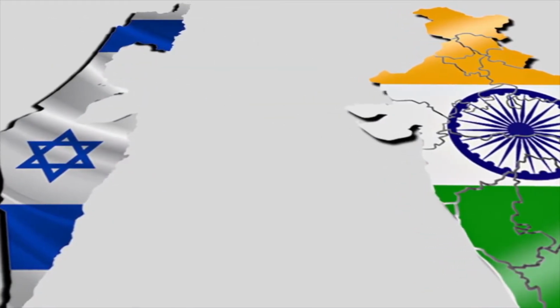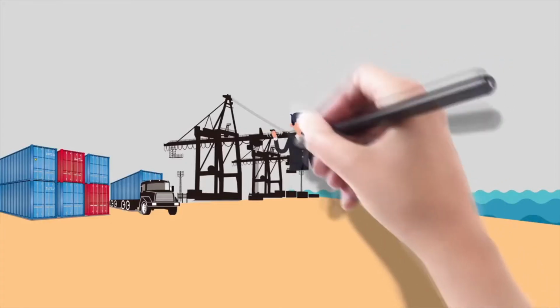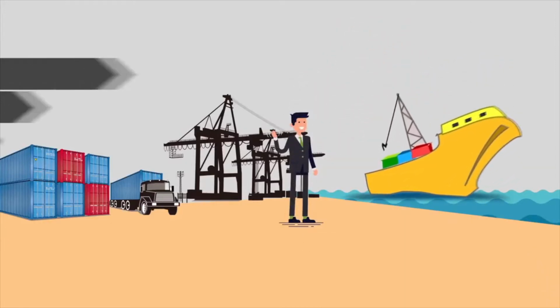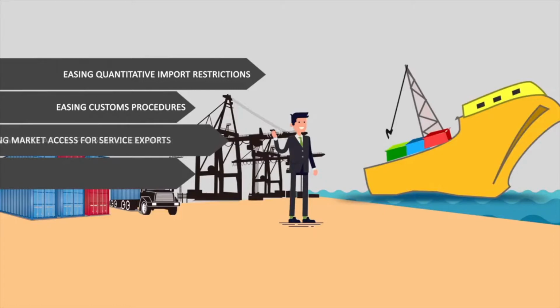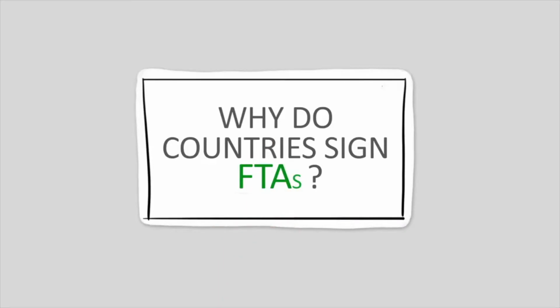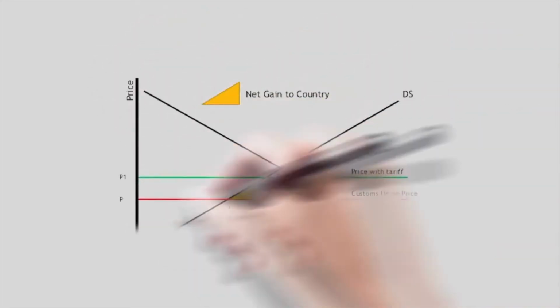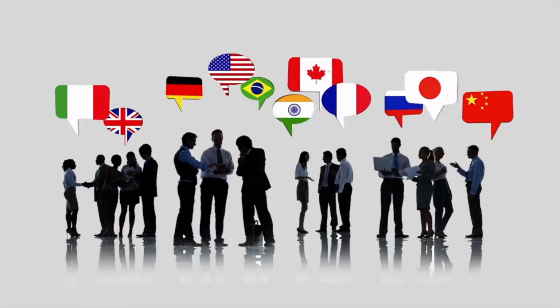Besides, they also work on easing non-tariff barriers to export, like easing quantitative import restrictions, easing customs procedures, improving market access for service exports, and better investment rules. Why do countries sign FTAs? FTAs help in trade creation and economic growth. They are also a diplomatic tool for improving international relations.